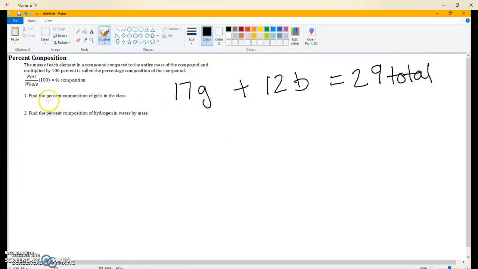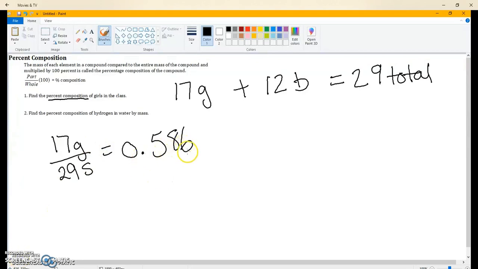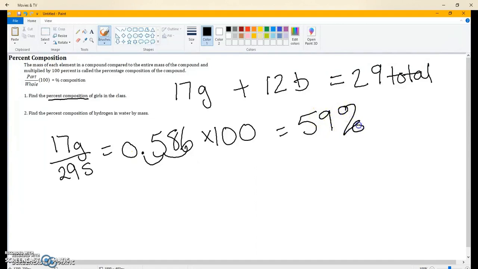So in order to find the percent composition of girls, I would take the number of girls, 17 girls, divided by 29 total students, and I would get 0.586. Then a percent, I always have to multiply it by 100. So I'm going to move the decimal place over by 2. 59% of my class is female, or are girls.